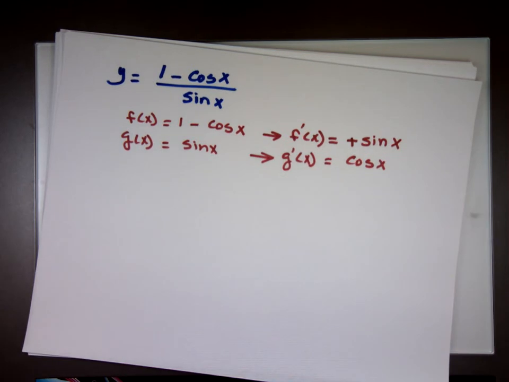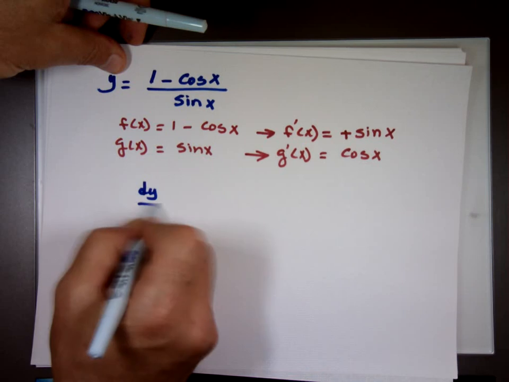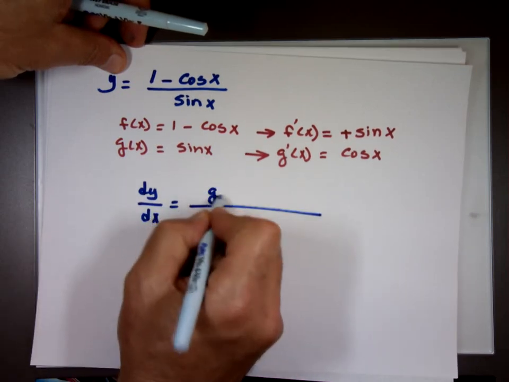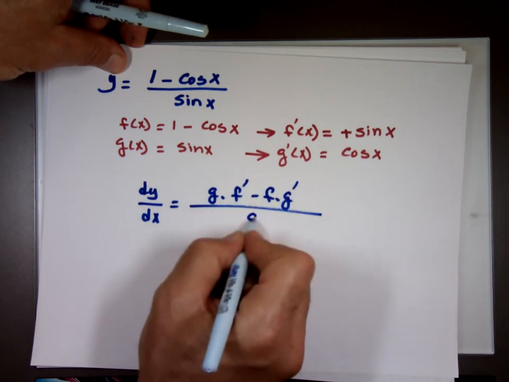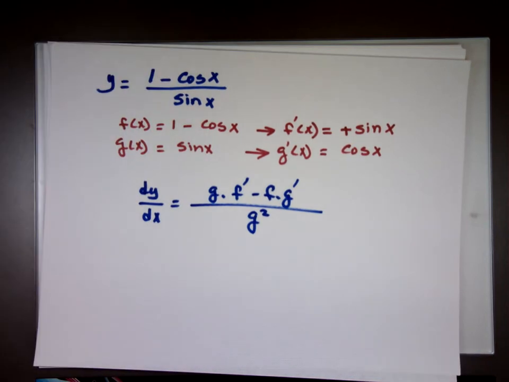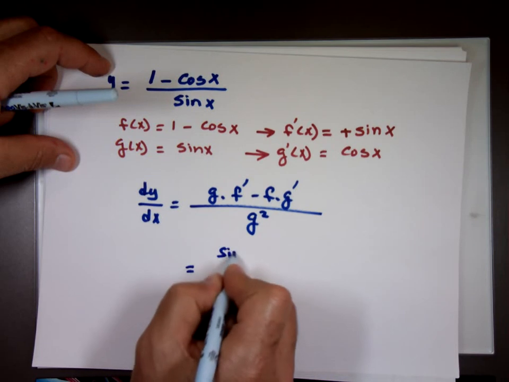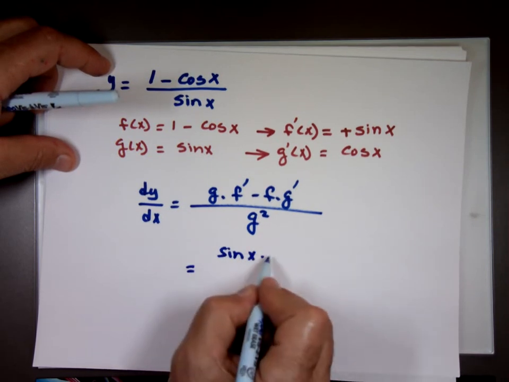Now the quotient rule says the derivative dy dx is g times f prime minus f times g sub prime over g squared. Plug them in. Sine of x times f prime, which is what?